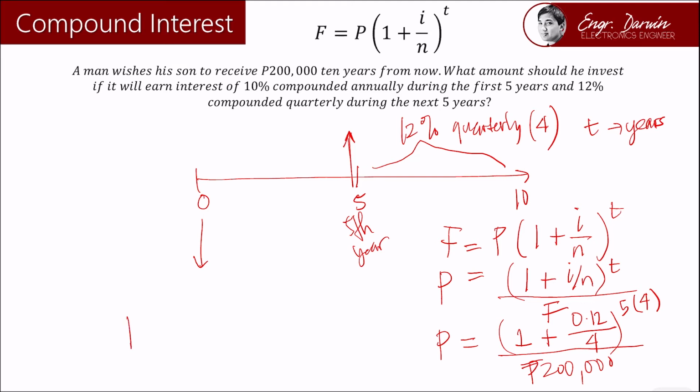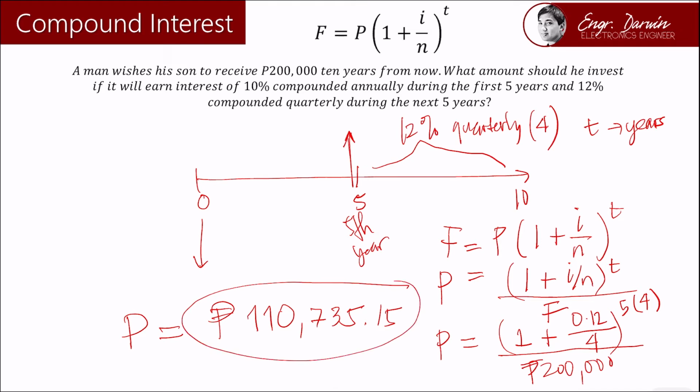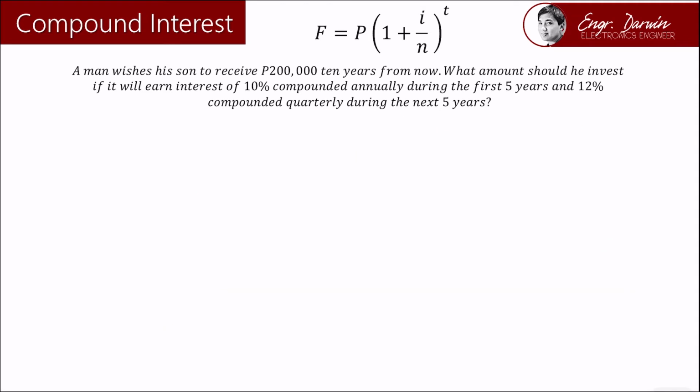So, using your calculators, we can find the principal amount on the 5th year, which is 110,735 and 15 cents. And this amount is per our 5th year of compounding. So by working backwards, we need to find the initial amount on the year 0.